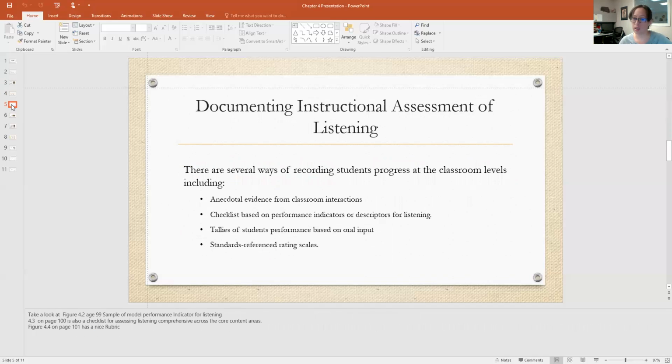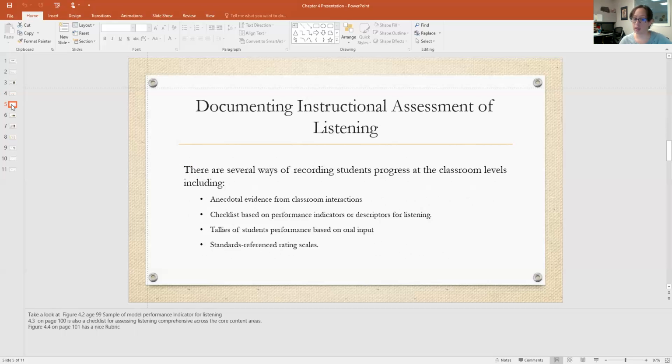So, documenting instructional assessments of listening. There are also several ways of recording students' progress at the classroom level, and this may include anecdotal evidence from classroom interactions. So, this is taking anecdotal notes, checklists based on performance indicators or descriptions for listening.